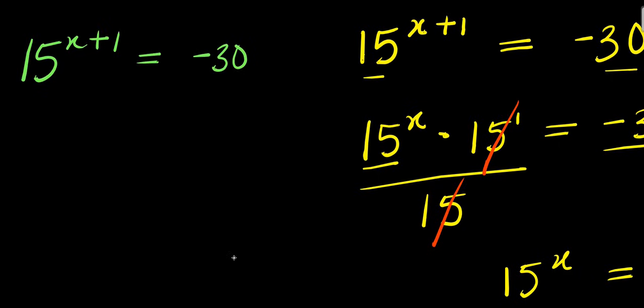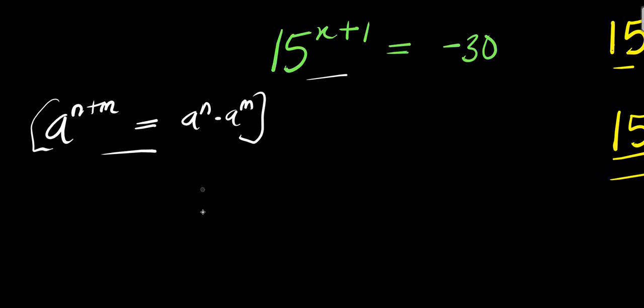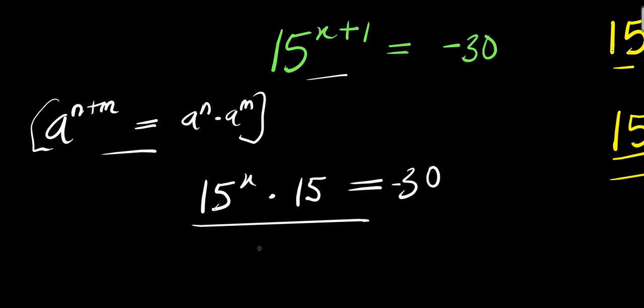And as usual, a power n plus m equals a power n times a power m. Applying this right here, I have 15 power x times 15 equals negative 30. I can isolate 15 power x by dividing this by 15 and dividing this by 15.